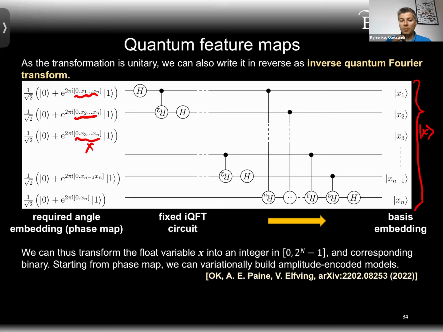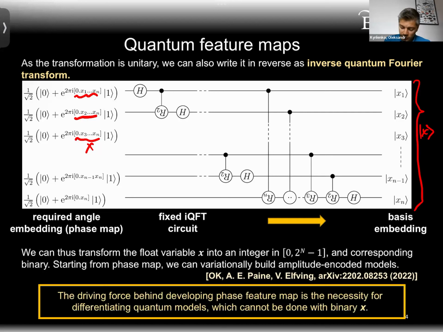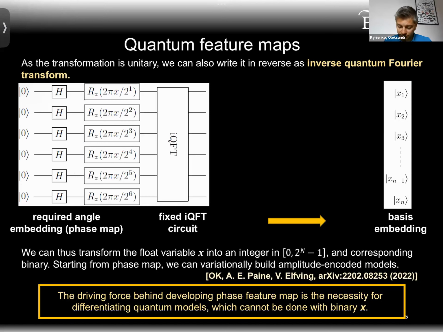So mapping between two different bases becomes important when we solve problems in generative modeling. Why? Because I want to differentiate the model first with respect to my variable x, and second, I want to be able to build it with a fixed number of frequencies as compared to basis states.